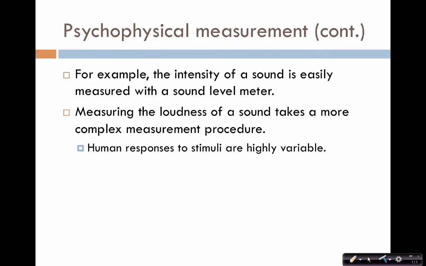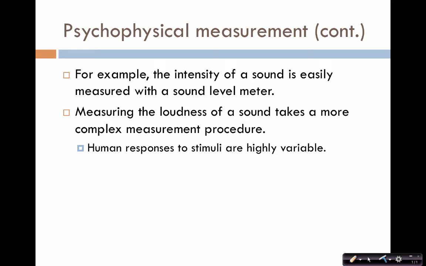So, for example, if we want to measure the physical intensity of a sound, we have devices to do that. A principal device is called a sound level meter. You could acquire, probably for free, a sound level meter app for your handheld phones, and you'd get a measurement in decibel sound pressure level.